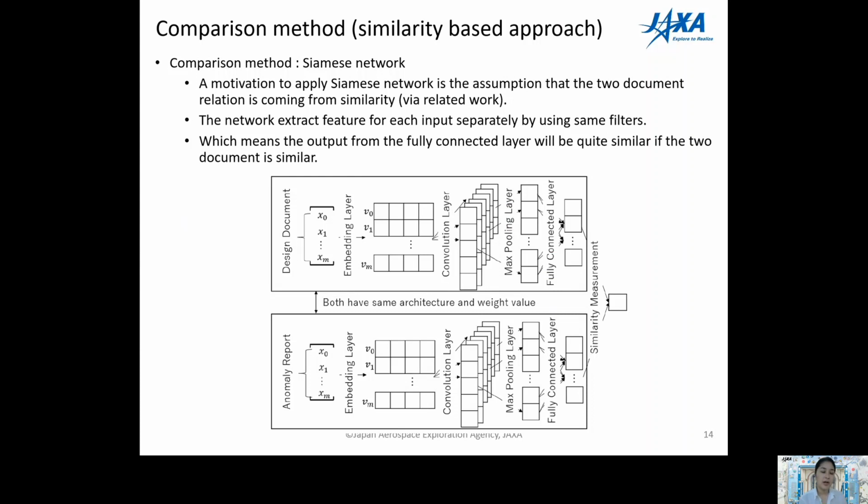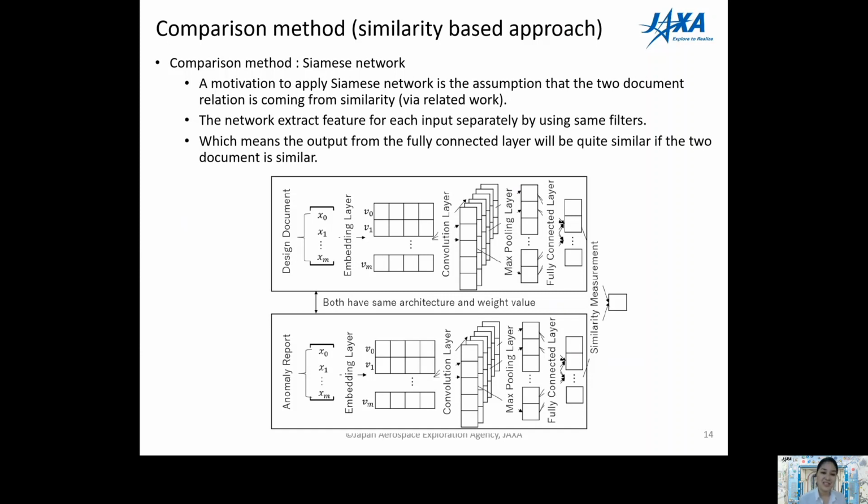And we also selected a comparison method for the proposed method. We selected the siamese network, which also uses a neural network. The motivation to apply the siamese network is the assumption that the relation between two documents comes from similarity.